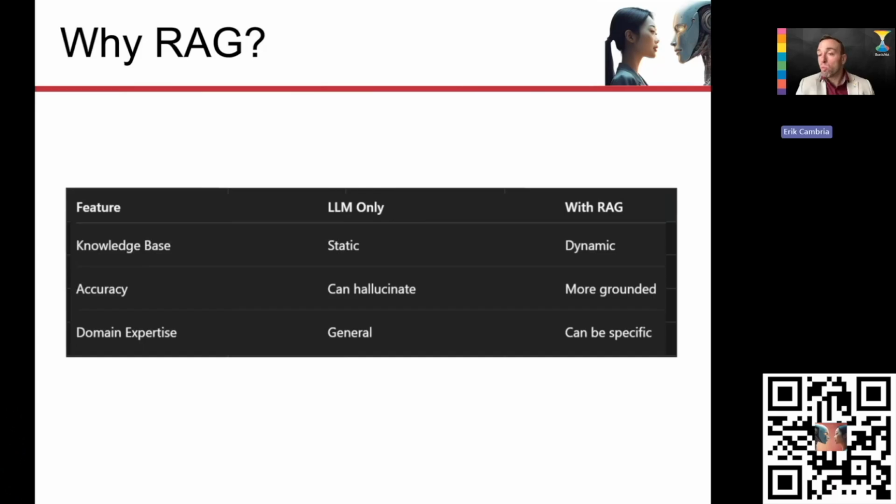Supposedly it is also more accurate because it's more grounded in real data. Basically, it's not just about having up-to-date information, but also providing more context. So the answers are not just more recent, but they are also more accurate and less prone to hallucination because I'm providing more context to the query.